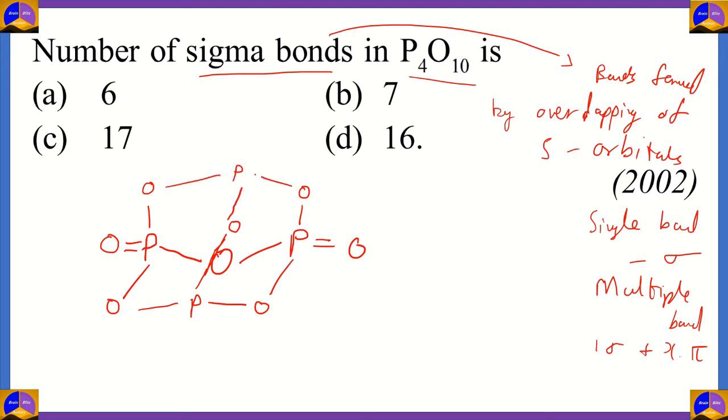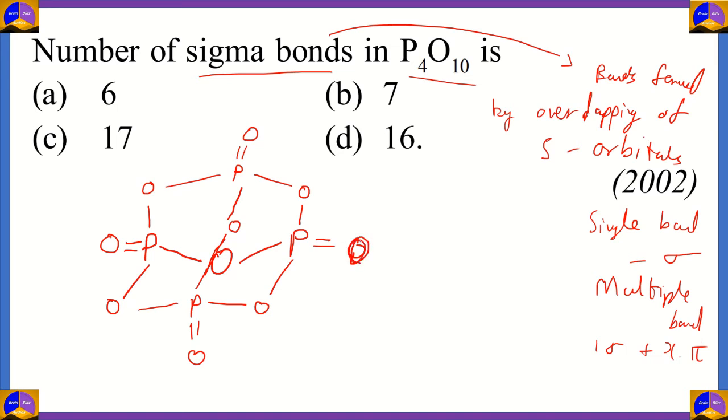These two oxygens bond up with that, and then there's a double bond for that phosphorus as well. Another double bond at the bottom as well. So this is the correct structure for P4O10. I know it's a little bit untidy, but this is as close as you can get.